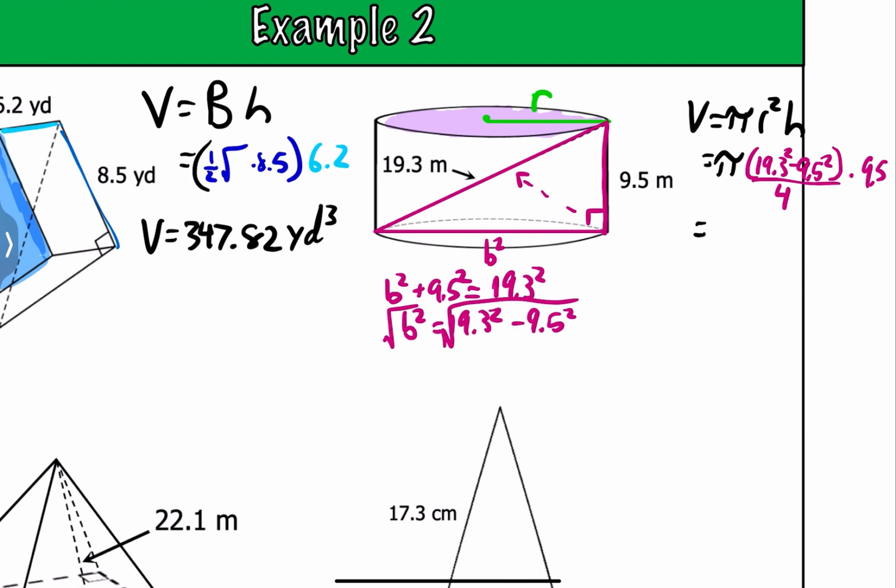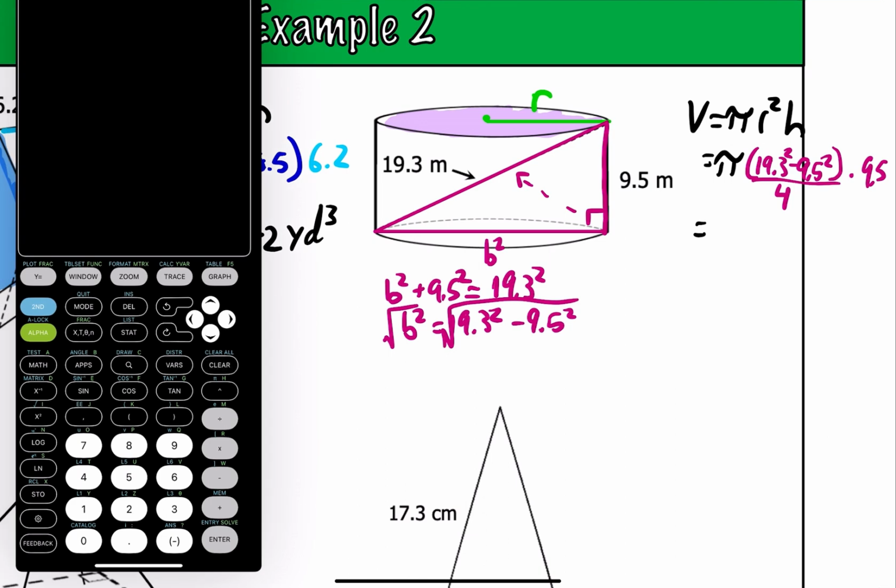So all of this goes in your calculator. So let's type that up. We have 19.3 squared minus 9.5 squared, times 9.5, divided by 4.